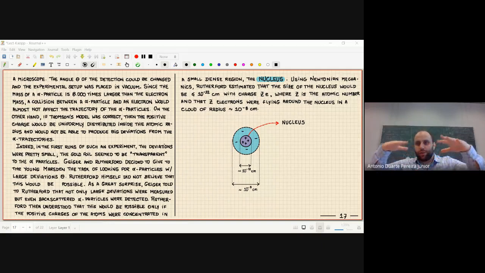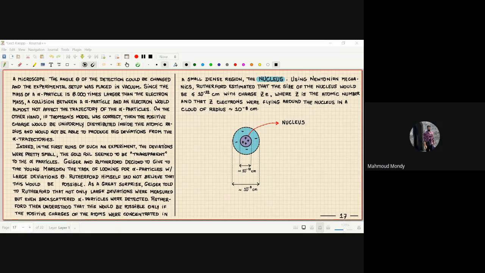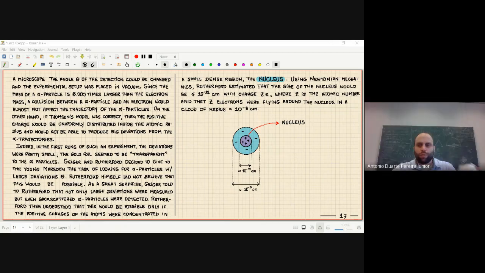But the fact that they are uniformly distributed is not enough to produce a huge deviation. So you really need positive charges and that they are concentrated in a small region. Okay, that means that both of them contribute to the backscattering? Yes, both. Okay, thank you.